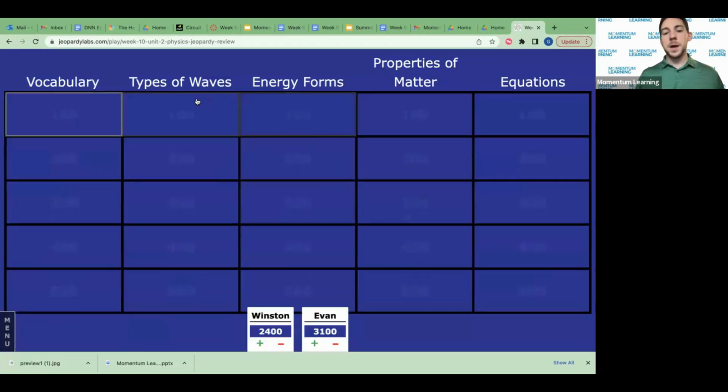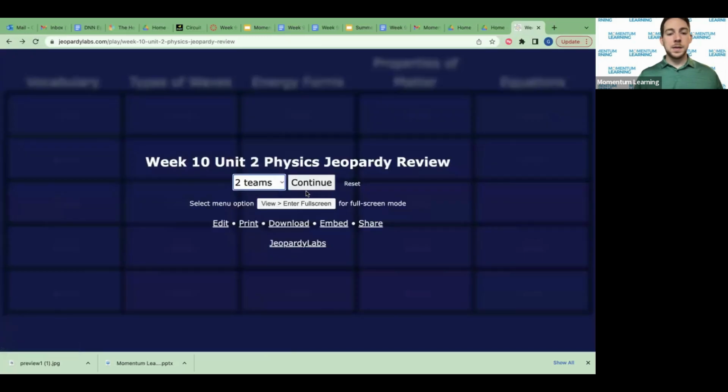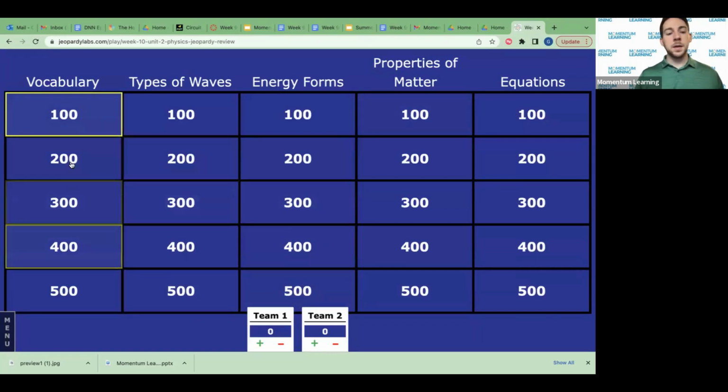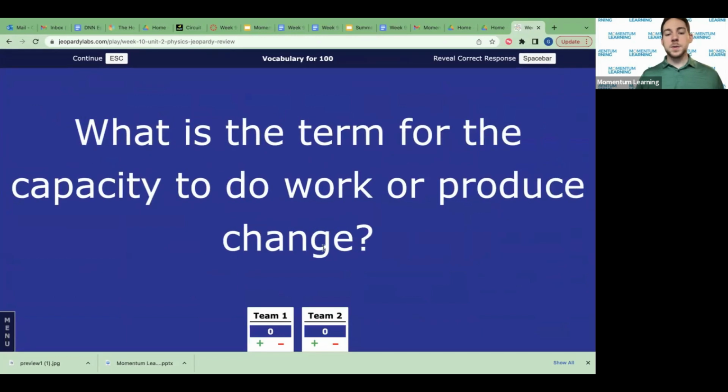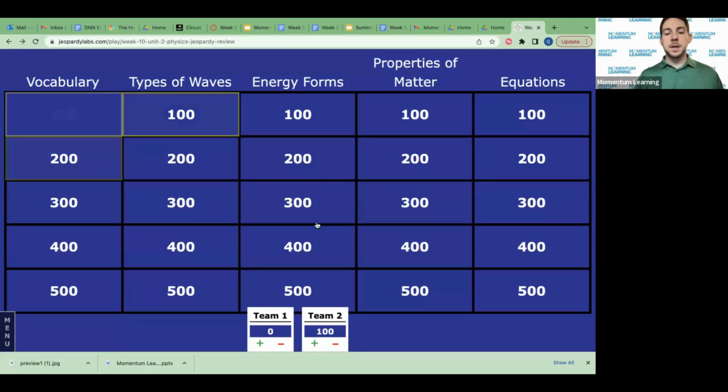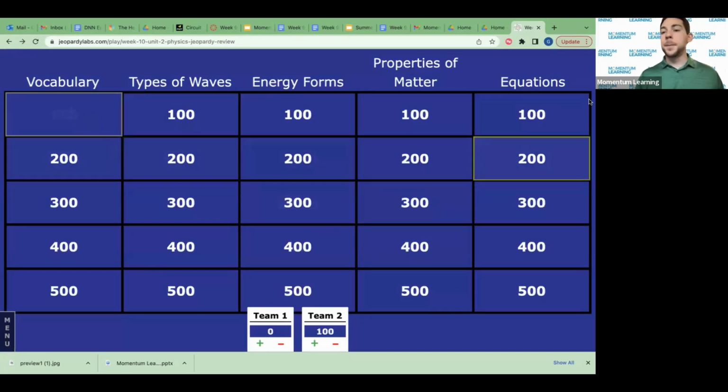What's really cool about this program is it keeps track of the score for us. We can set the number of teams, change the names, and then it marks off the questions that have been answered so far. So let's say we read this question, someone answered it correctly. I add the points, and then they select another one. We can see it's grayed out now, right?